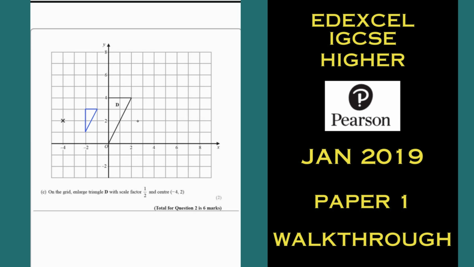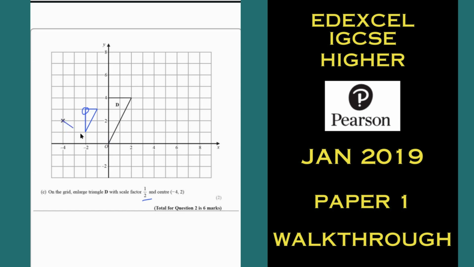Again, I've cheated, but it's scale factor a half. I always prefer to do it by counting first. So from the centre, it's right 4, up 2, you halve it. So right 2, up 1. I like to do it by counting, so do it corner by corner, do each vertex in turn.